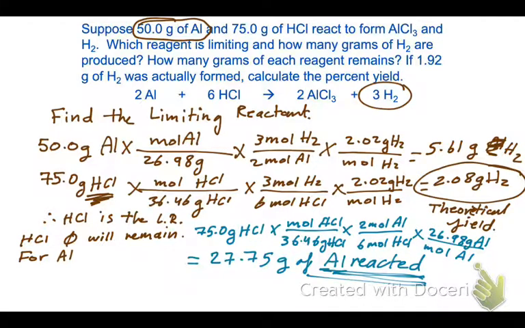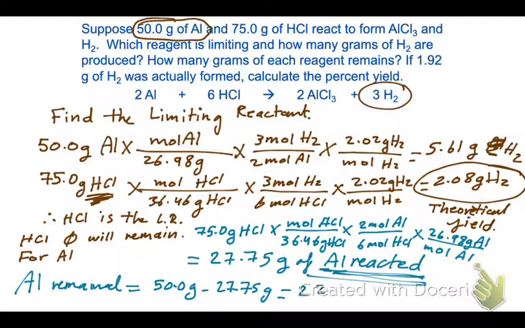They're not asking about how much aluminum reacted, they're asking about how much of it remained. So aluminum remained will be what I started with, which is 50.0 grams minus 27.75 grams, and the answer will be 22.3 grams of aluminum left.